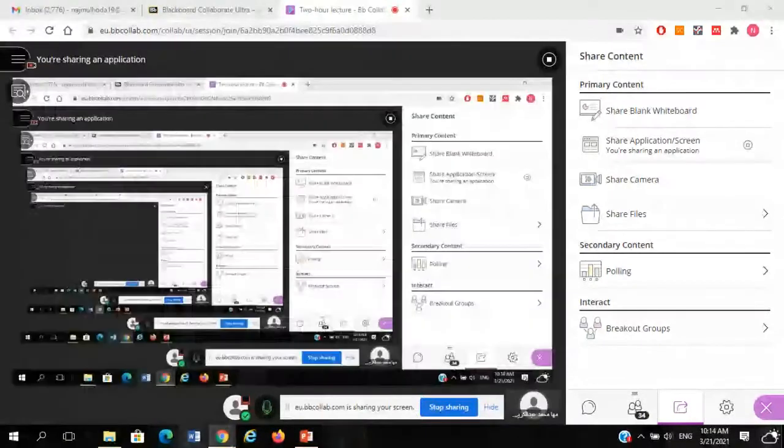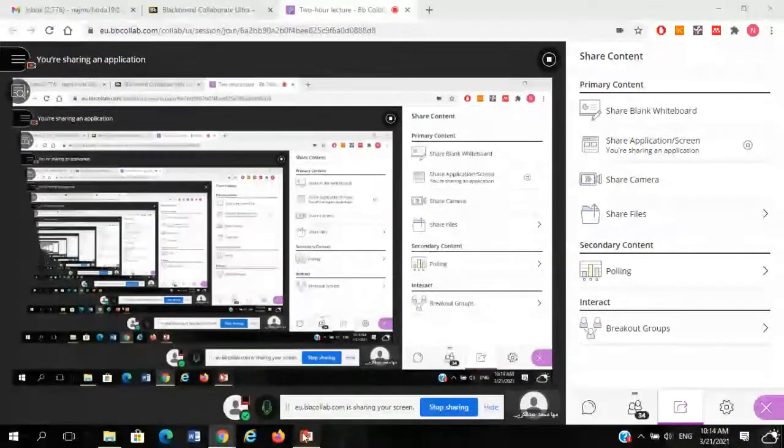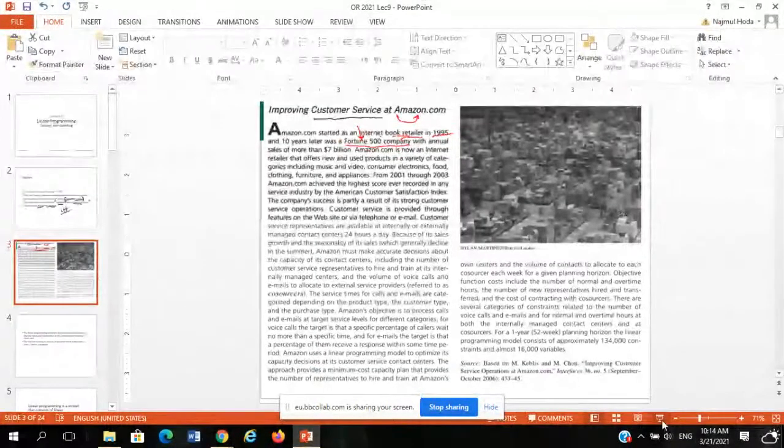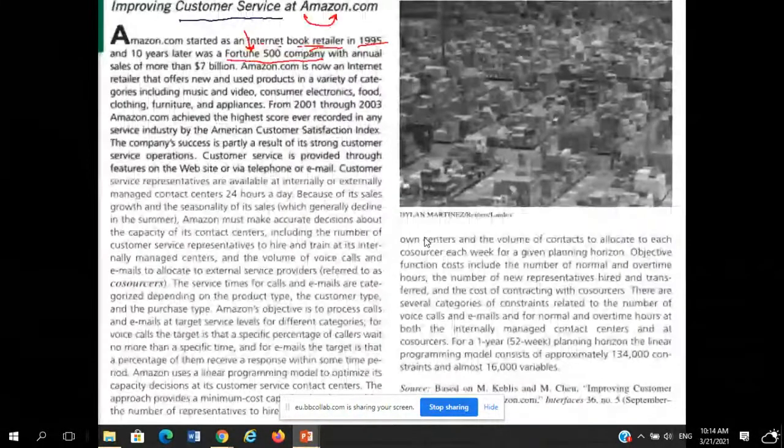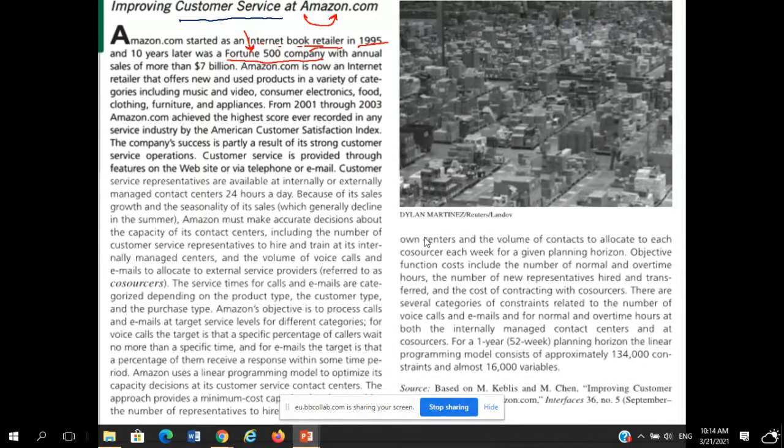I am just changing the mode. What is Fortune? Fortune is a very important name. Do you know what it is? I hope now it will move. Is it moving now? Are the slides moving?